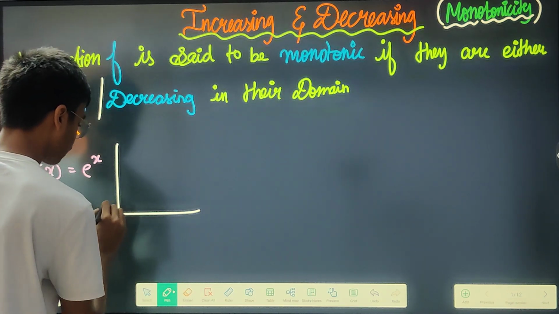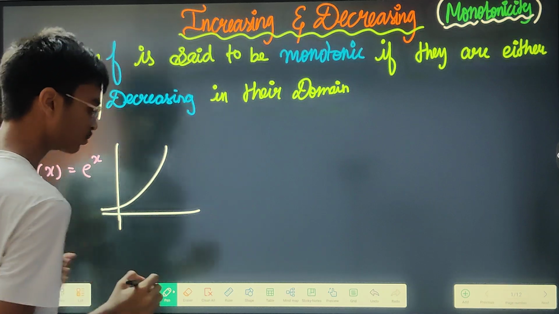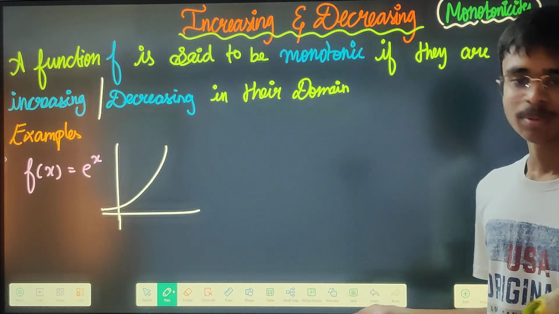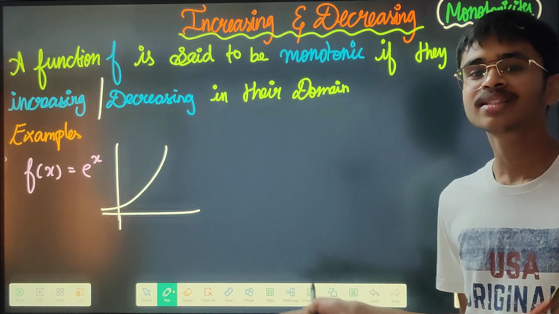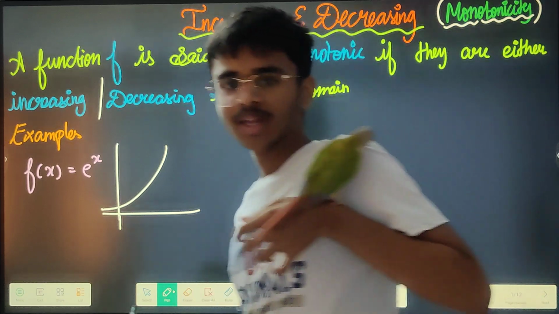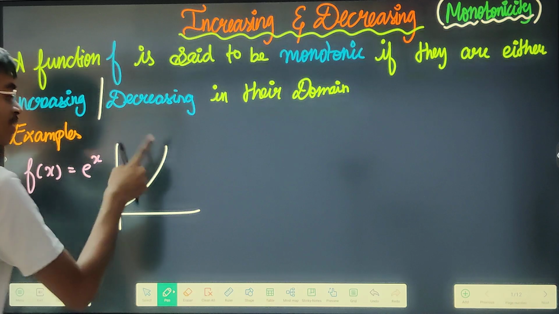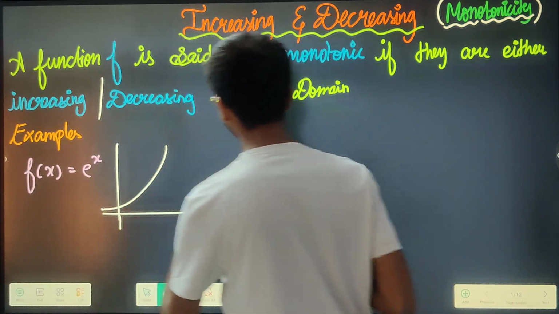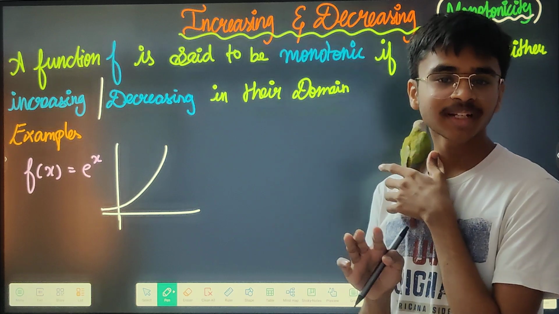The graph is going to be like this for e to the power of x, and for the logarithmic it is just the inverse graph. Here you can see that it is just increasing. When you take from here to here it will be decreasing, and from here to here it will be increasing. So now you might have a doubt.